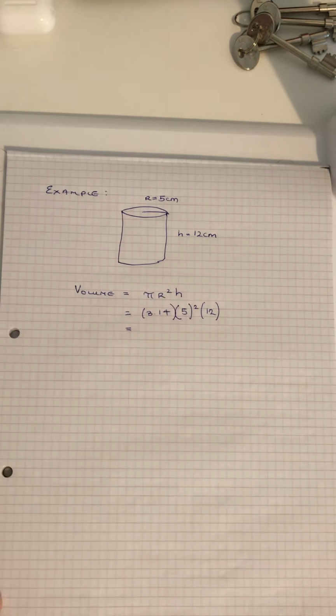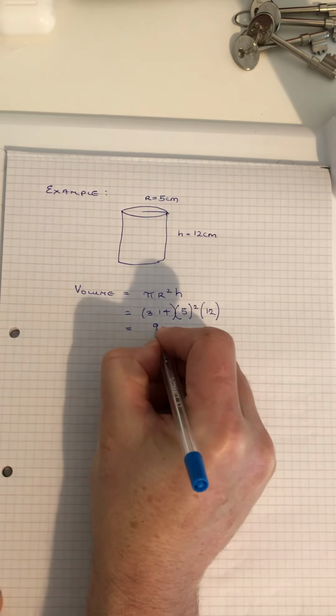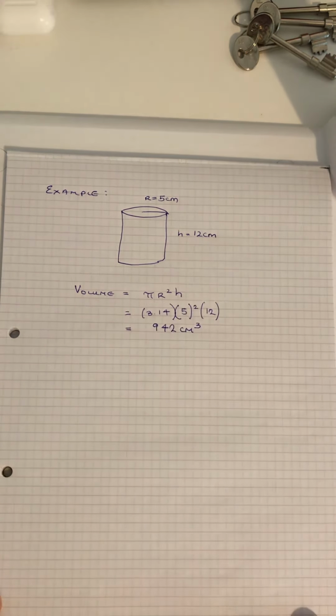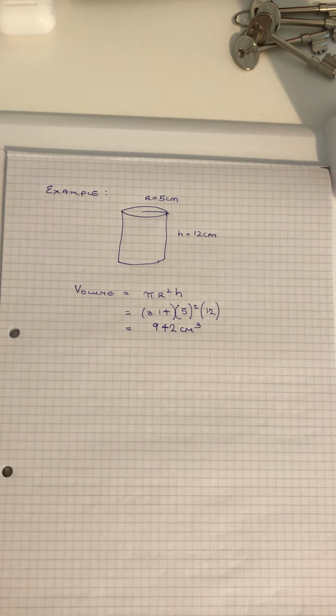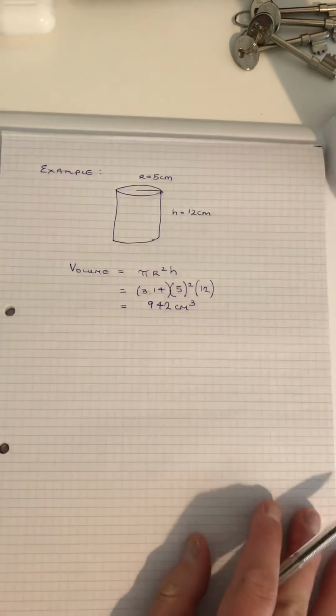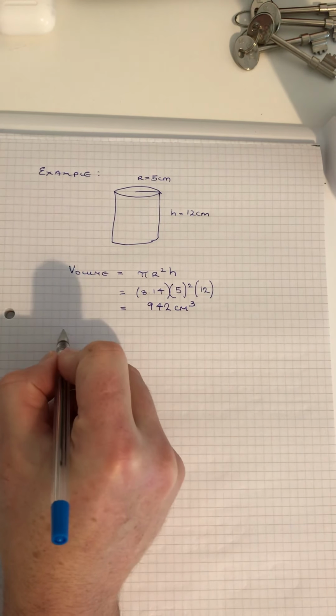So 3.14 multiplied by 5 squared multiplied by 12 is equal to 942 centimeters cubed. Okay, so that's the total volume or the capacity of it.